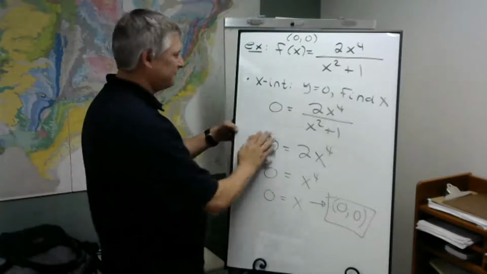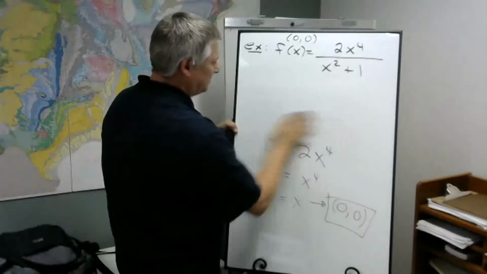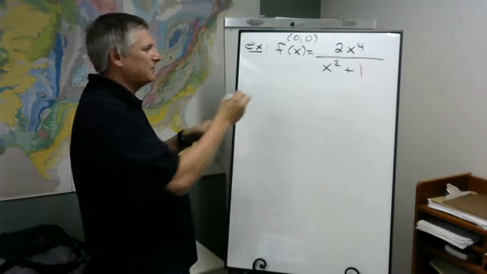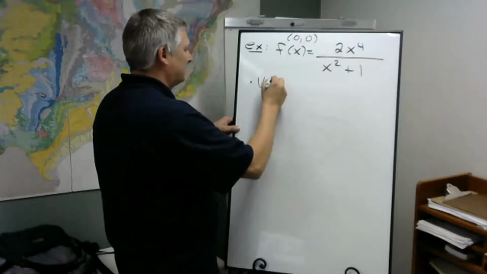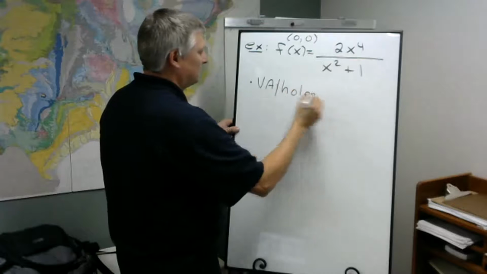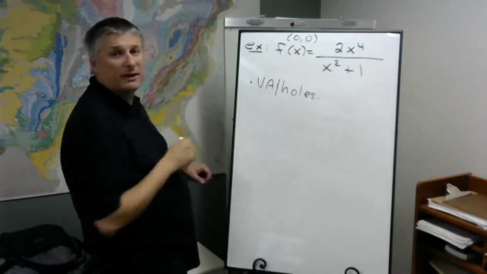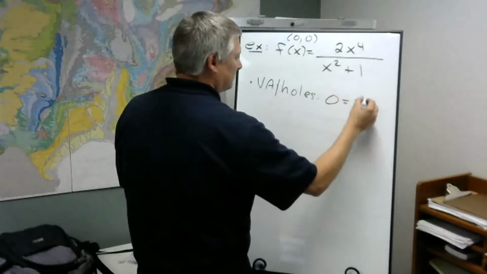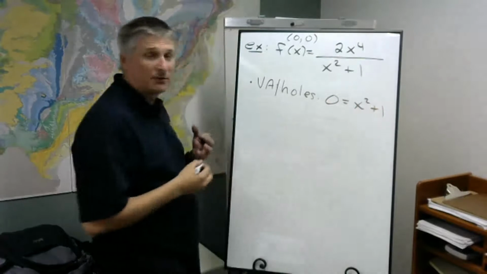All right. Now for vertical asymptotes or holes, again, we're going to set Q of x equal to 0 and solve for x.